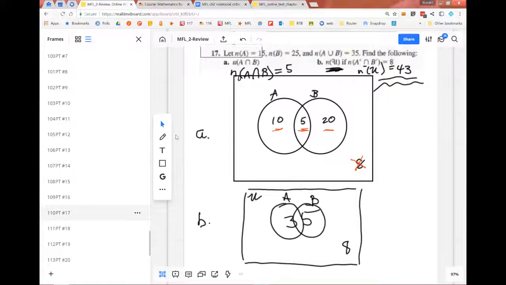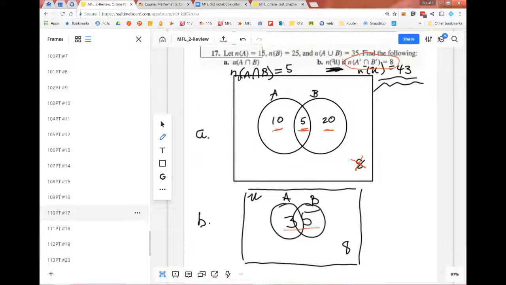So all we know on that one is when you take the union of the two, you get 35. So this is just a big 35 in this whole section. That's not a separate 3 and a 5. That just means, hey, I know there's 35 in there. And then this thing told me that there were 8 outside.